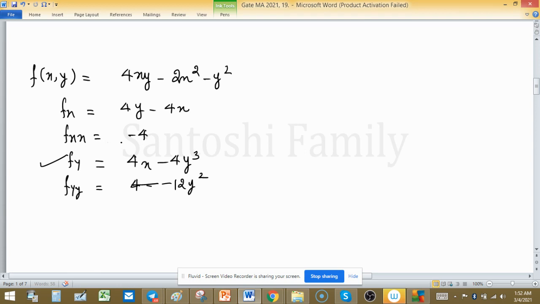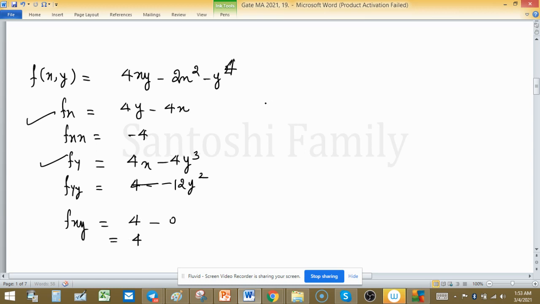Double derivative with respect to x is minus 4. fy is 4x minus 4y cube, and fyy is minus 12y square. Now fxy, taking the derivative with respect to y, is 4 minus 0, or directly 4.